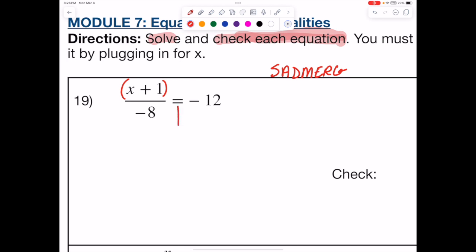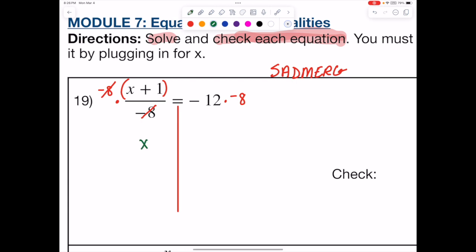Let's go ahead now that we are in equation world. Let's separate our workspace, okay? And step 1 is going to be to get rid of that divided by -8. So we're going to multiply by -8, multiply by -8, okay? This gets crossed out, and let's write what's remaining.